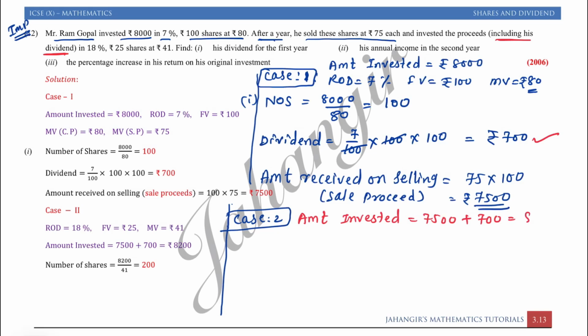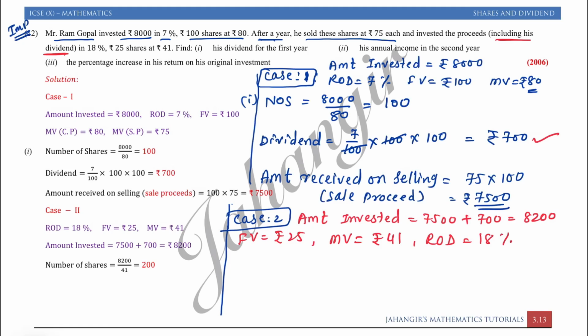So the answer is 8,200 is the amount invested, whose face value is rupees 25, market value is rupees 41 and rate of dividend is 18%.